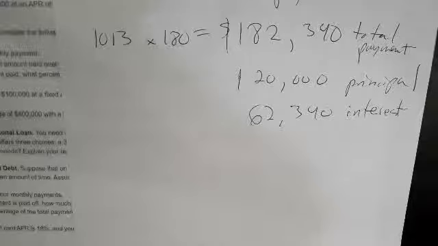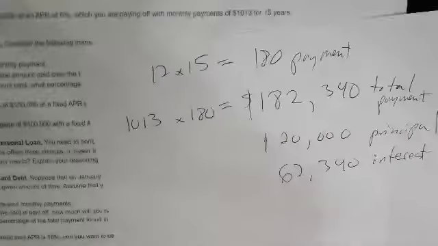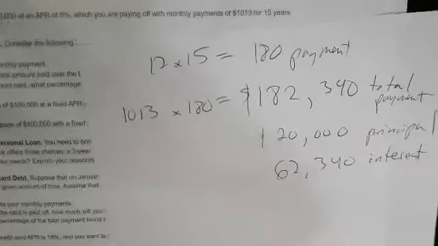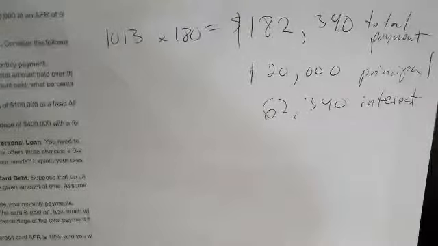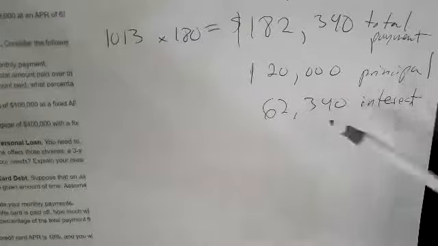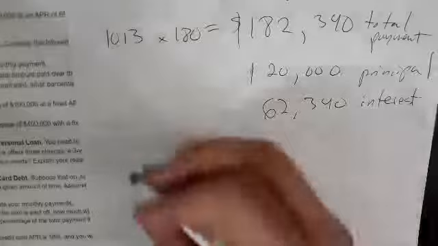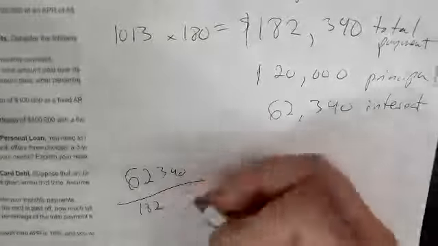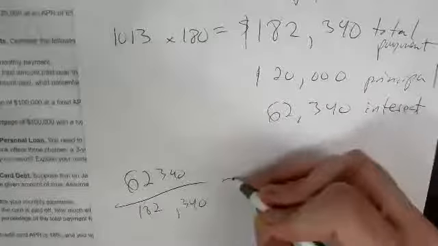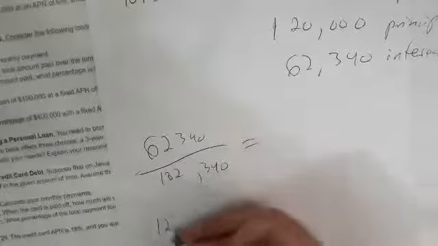Okay, so they want to know percentage of interest, percentage of what? Principal. So we're going to do percent interest. What we're going to do is interest out of the total. So we want to know out of the total, what does this account for, right? And then same thing with our principal, right?